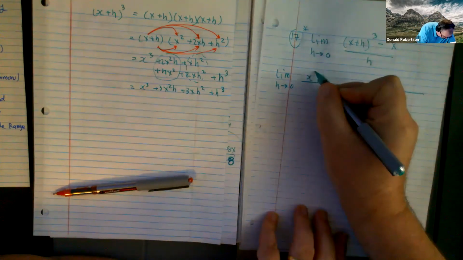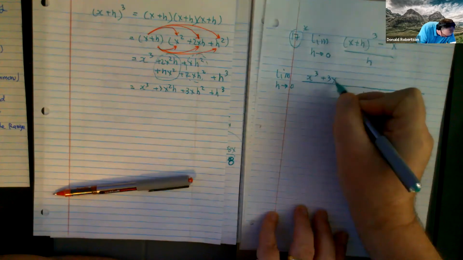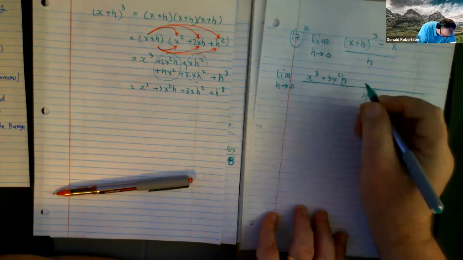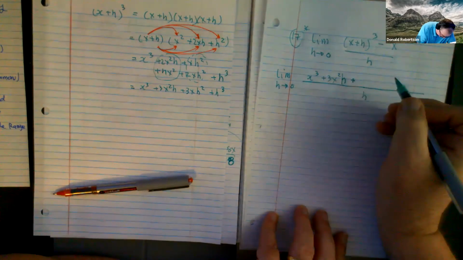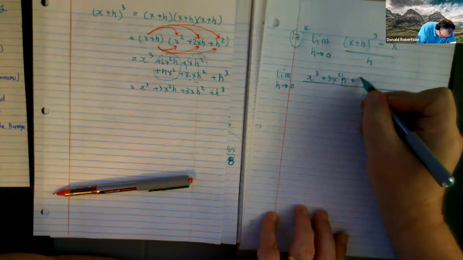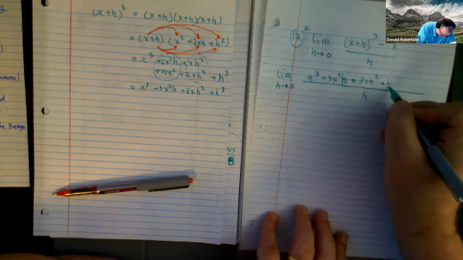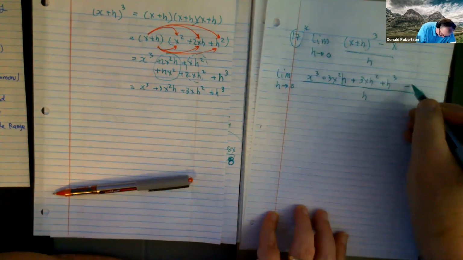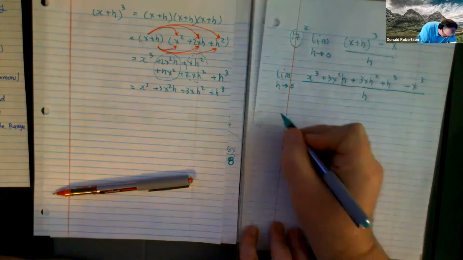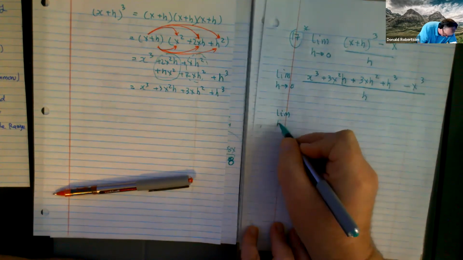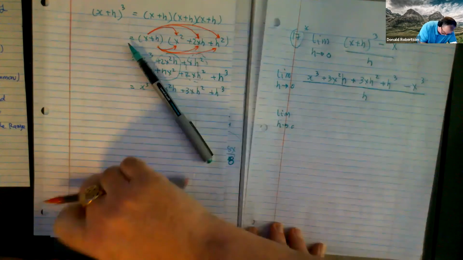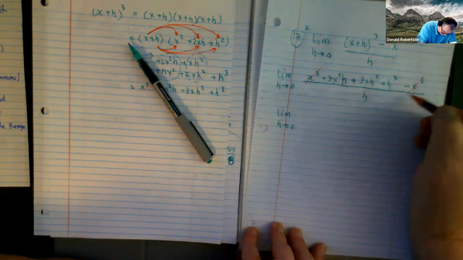So we have an x cubed, we have a 3x squared h, we have 3xh squared, and we have an h cubed, and then we take away an x cubed. And that guy gets killed off by that guy.